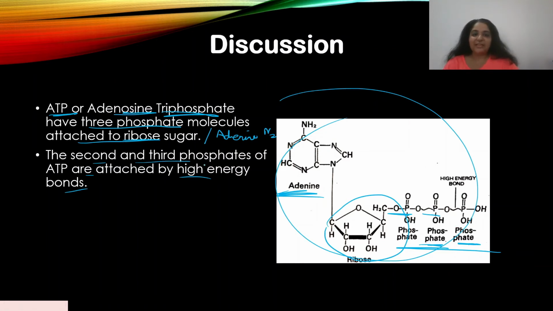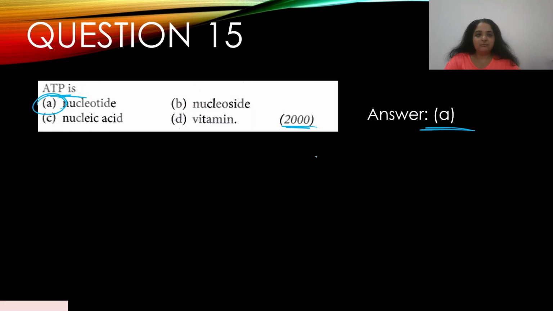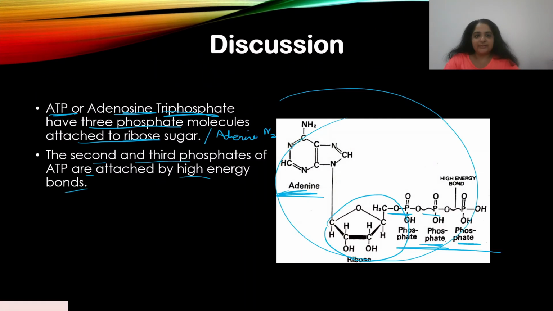So the second and third phosphates of ATP are attached by high energy bonds. But if you look at the ATP structure as such, it will be considered a nucleotide. It's not a nucleic acid or nucleoside or anything. It's a proper nucleotide. That's how it's classified. It's not a nucleoside, not a vitamin, not a nucleic acid, it's a nucleotide. All right, let's move on.